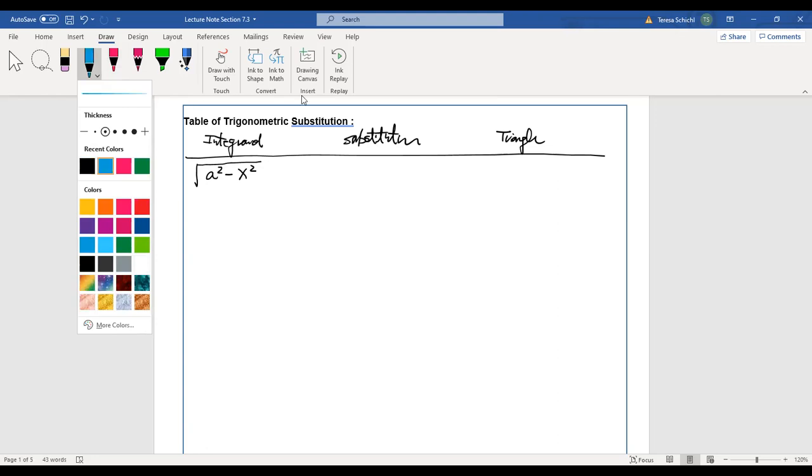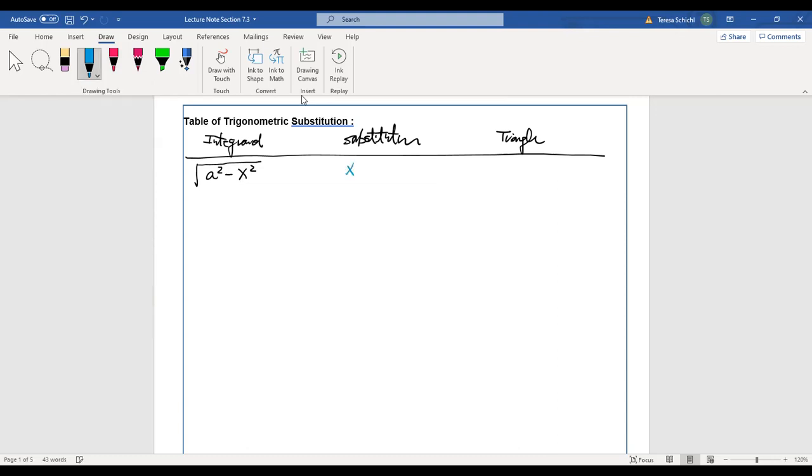Because this is a square, right? So with trig substitution, you assign the variable x to a function. So in here, the substitution will be a sine theta. So you switch that to a trig function.